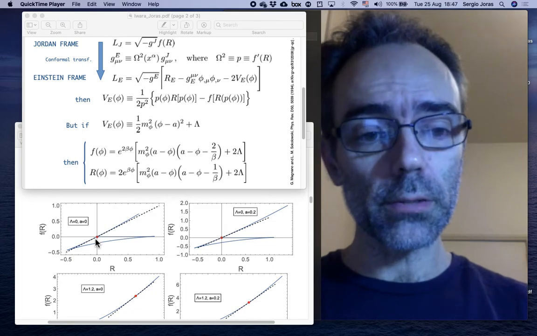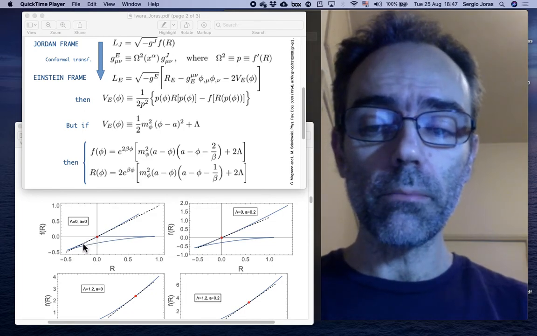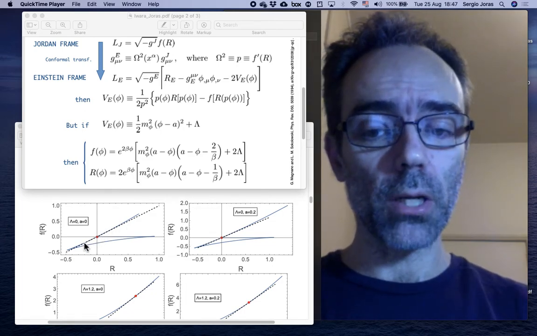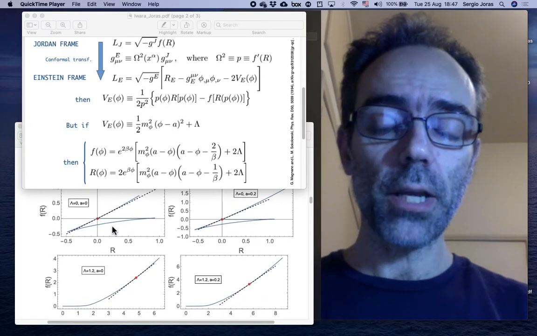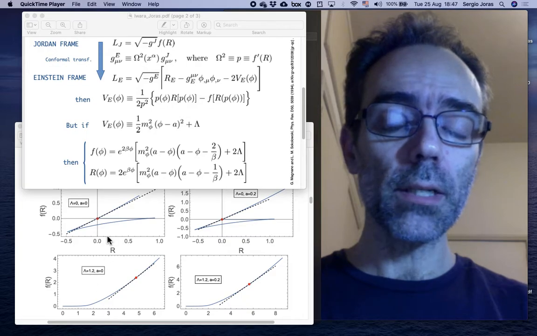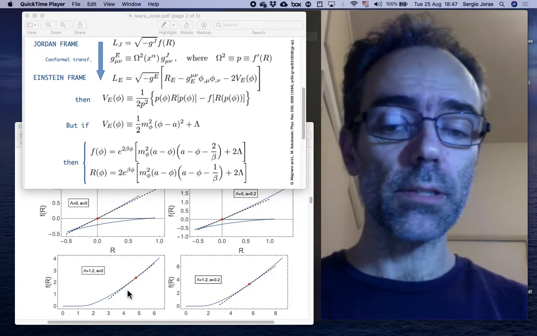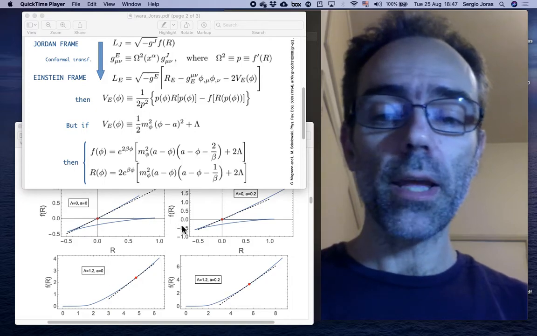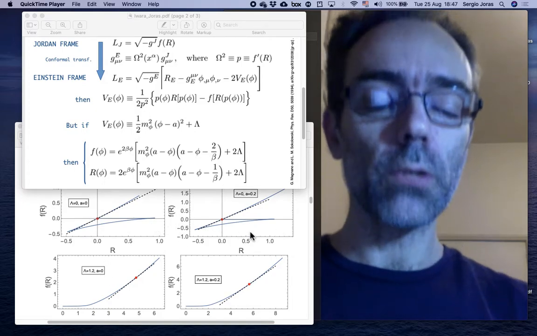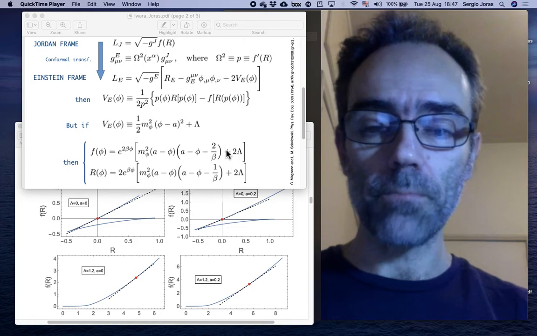In the Jordan description, it will behave as general relativity because this curve over here is almost linear. And if we change the value of lambda, the second branch over here just disappears above a given value. If we change A, it's just a change of scale, so this is not important right now.